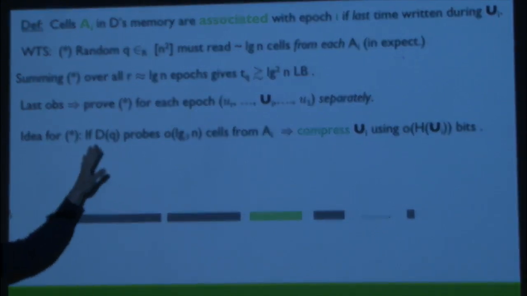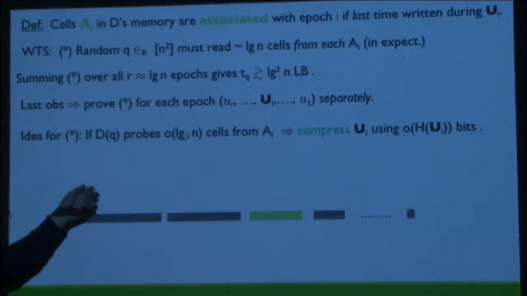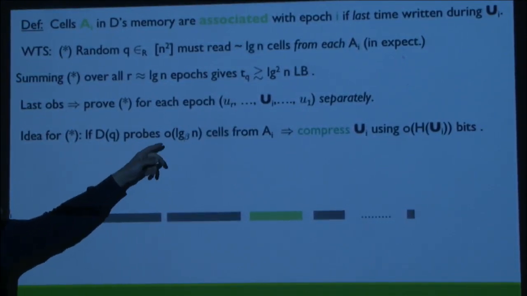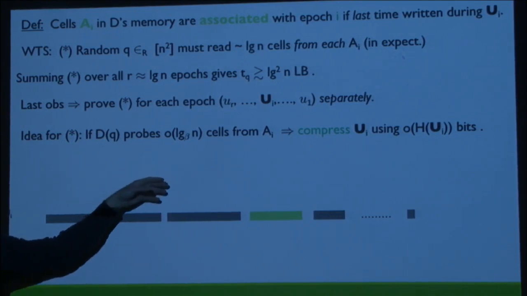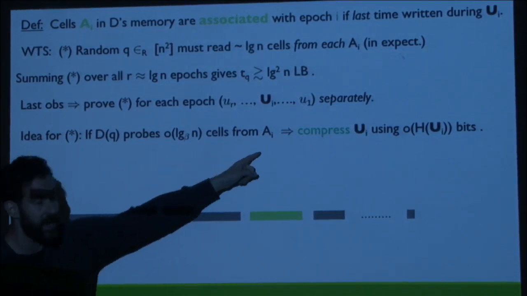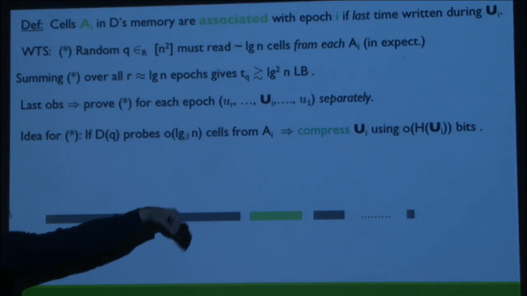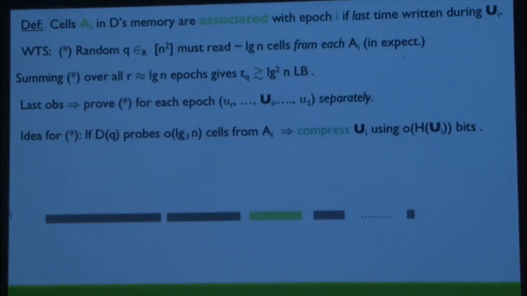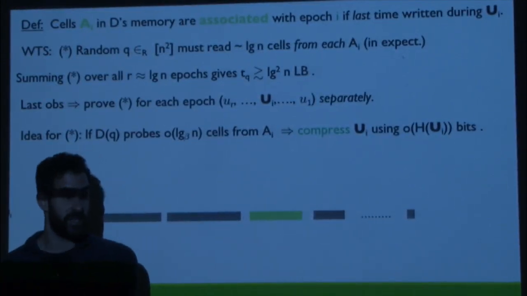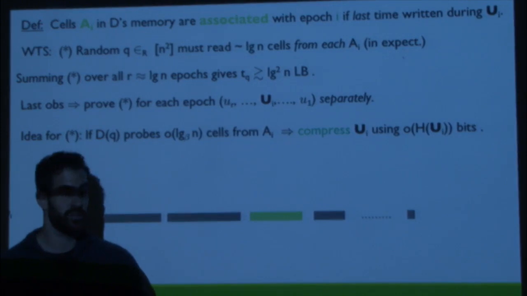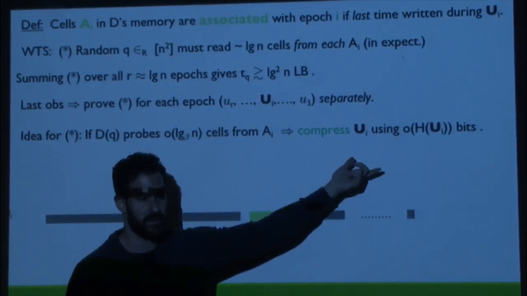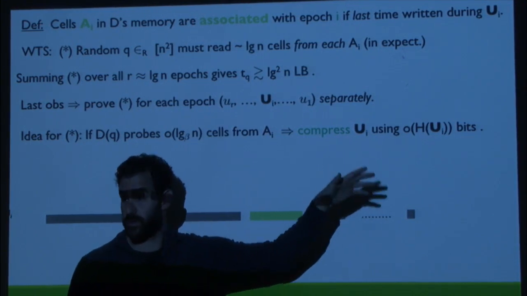The idea is to show that if we have a too good to be true data structure, if the data structure probes much fewer than log n cells from the cells associated with the ith epoch, then we can use this too good to be true data structure to give a too good to be true encoding of the updates in this epoch. So this is what we're going to show.